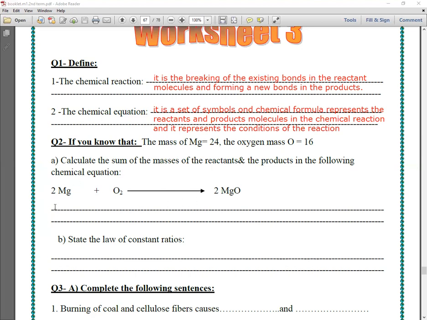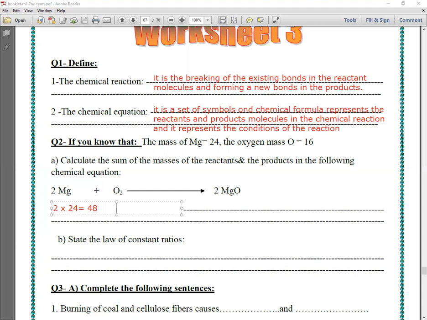Mass of the reactants. So here 2 times Mg 24 equals 48.